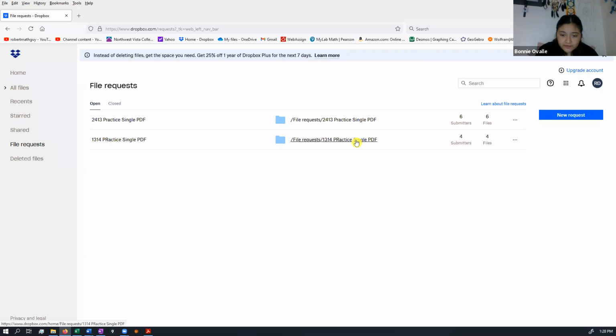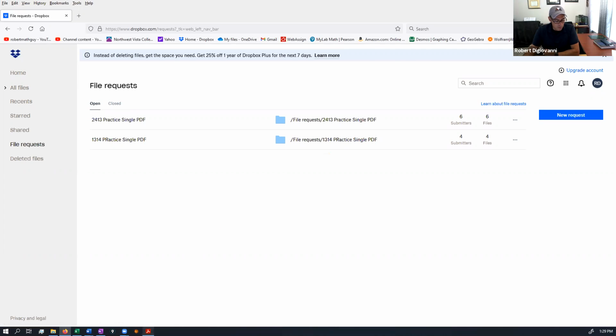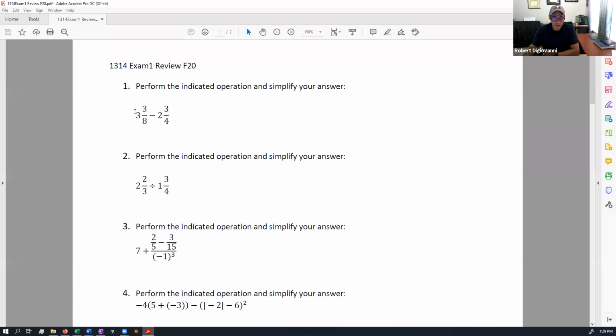Oh, sir, if we have a calculator like the one that you had on the syllabus, can we use that on the test or no? Yes, you can have a calculator, but here's the danger in the calculator. When I'm asking you to do this, I'm asking for you to do that by hand, showing me all the little steps. You can use your calculator to check your answer, but I need to see the work.